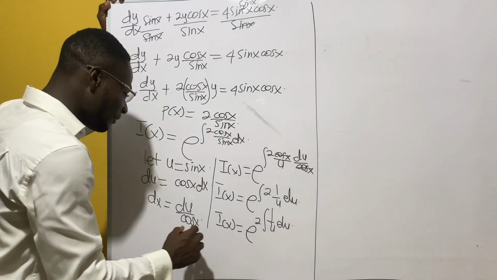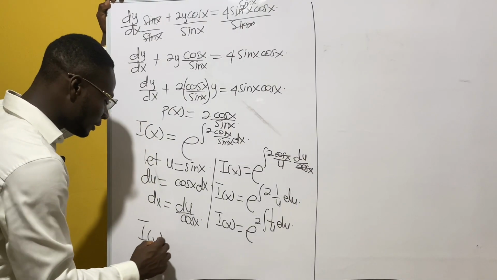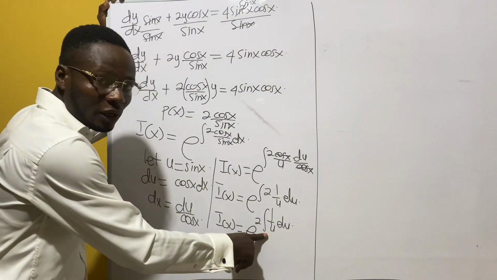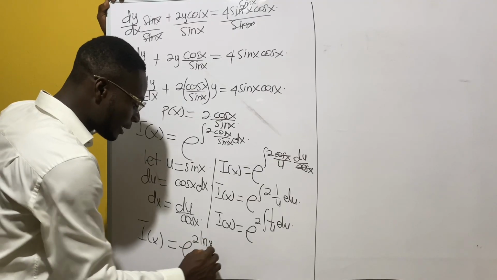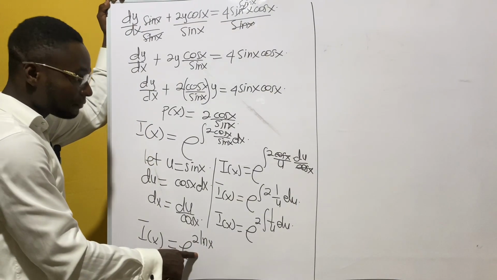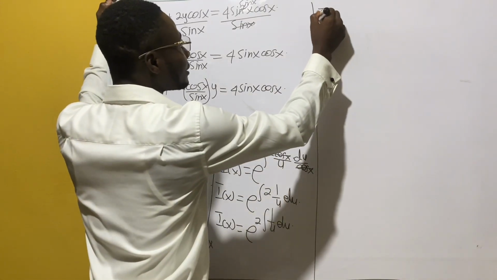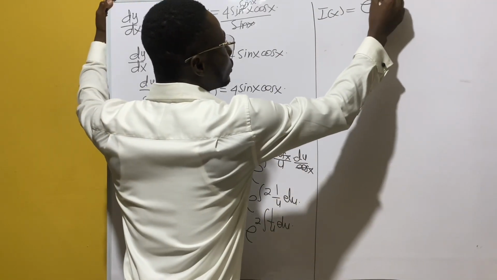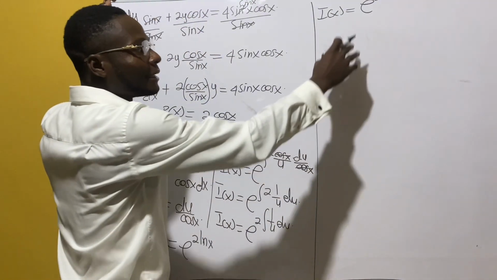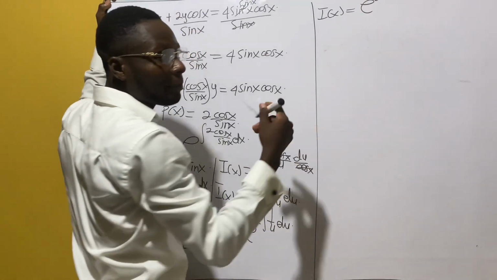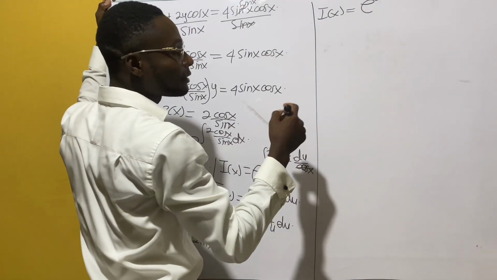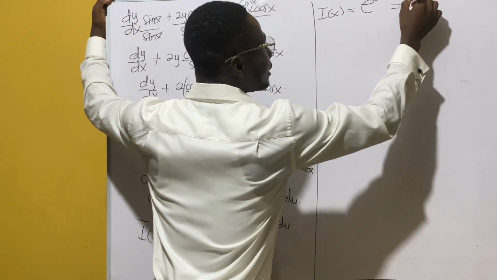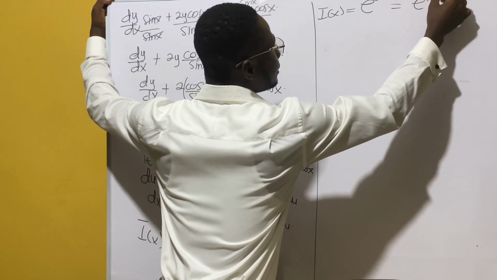The integral of 1 on u is ln u, so we have our I of x equal to e power 2 ln sine x. But when you apply the logarithmic properties, we know that this is the same as e power ln sine squared x.